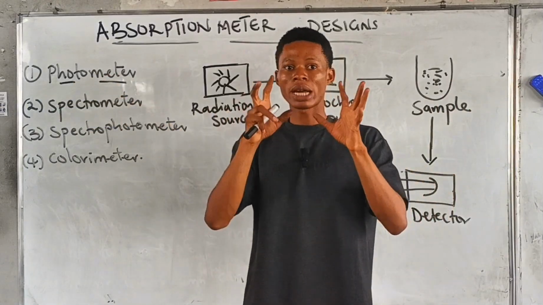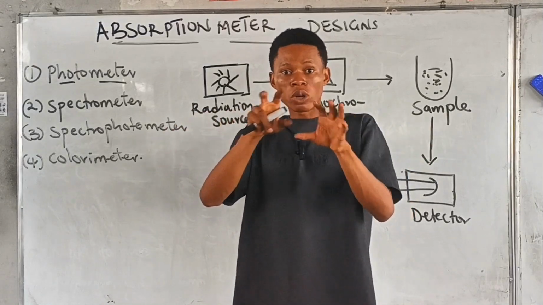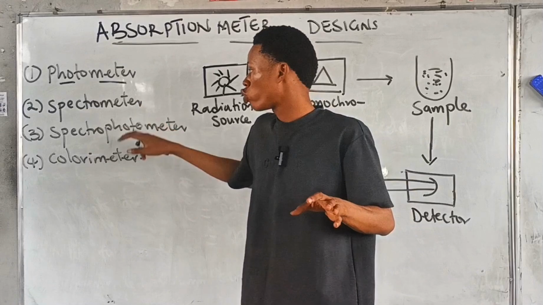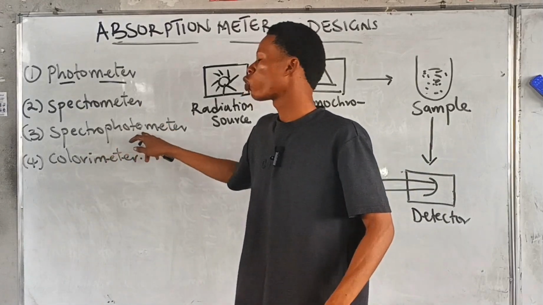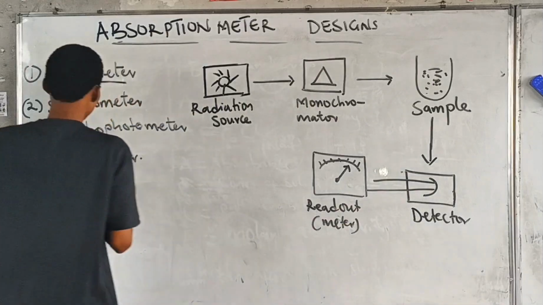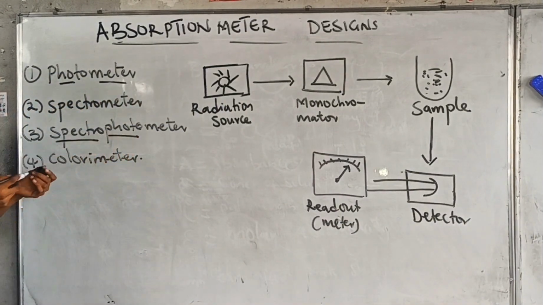Photometer, we are just looking at the brightness. Spectrometer can separate the colors of light. So white light can be separated into different colors by spectrometer. Then spectrophotometer is a combination of spectrometer and photometer.